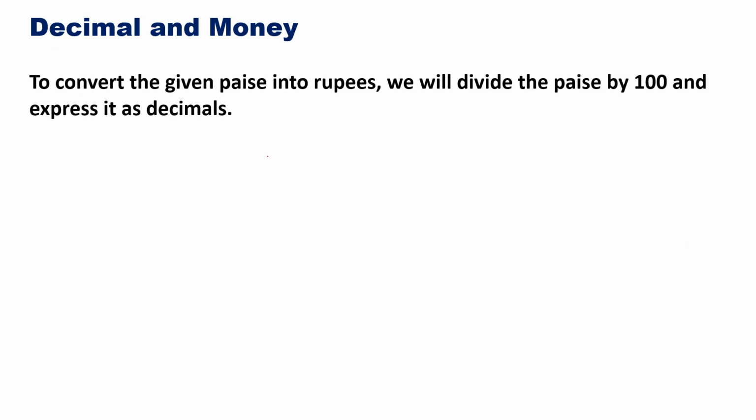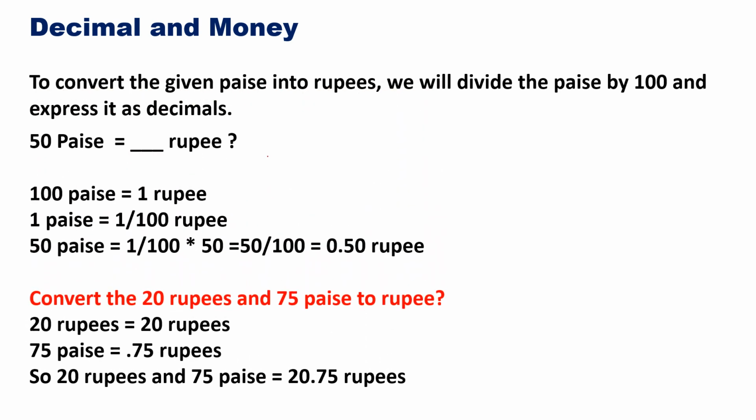Decimals and money. If we want to convert paisa into rupees, we have to divide the paisa by 100 and express it as a decimal. Suppose we have a question: 50 paisa is how many rupees? How will we calculate this? We know that 1 rupee is 100 paisa.